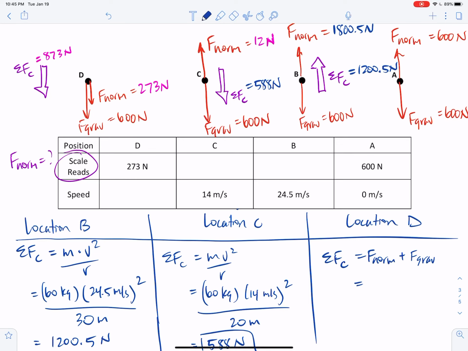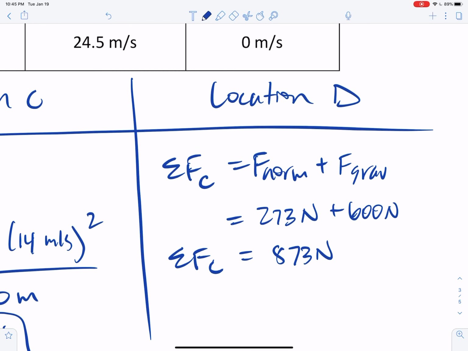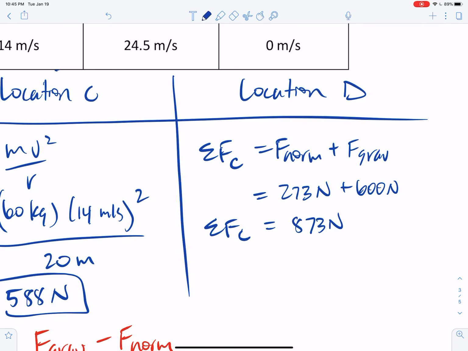The 273 and the 600 is 873. Okay, so now I have this, okay? Once I have that, I can then set that equal to mv squared over r.